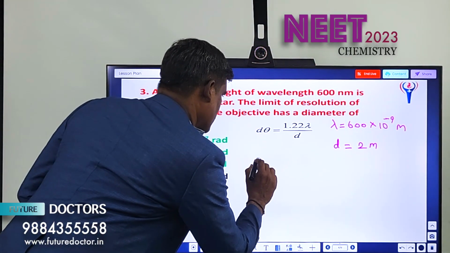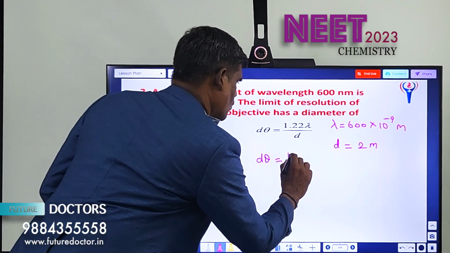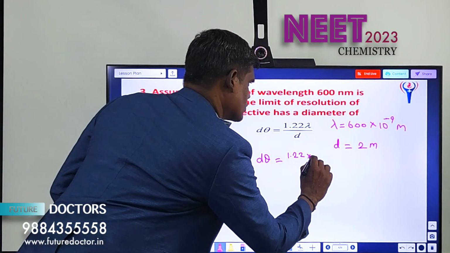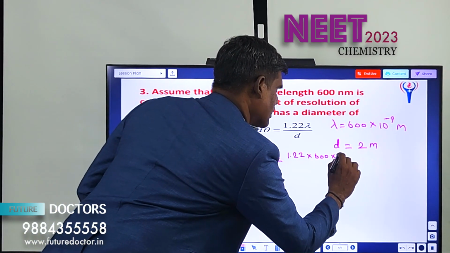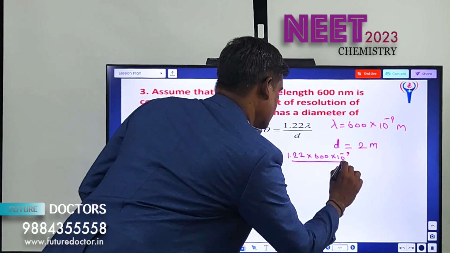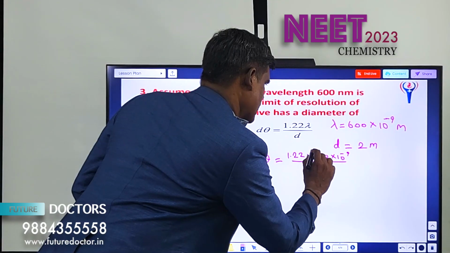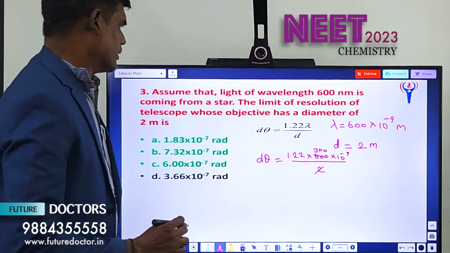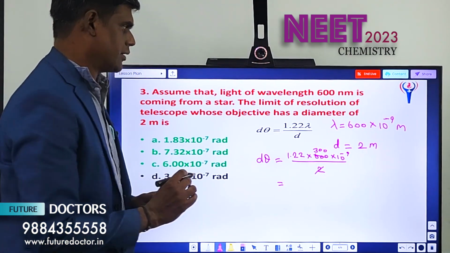Then d theta, that is the limit of resolution, equal to 1.22 into 600 into 10 power minus 9 divided by 2. Then 3 times 2, 300. And I am taking 300 as 3 into 100.